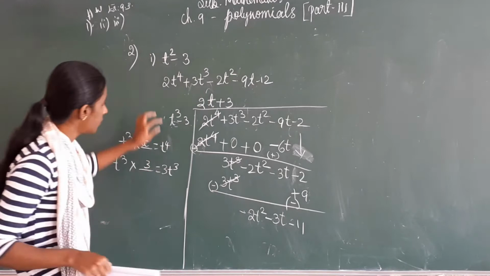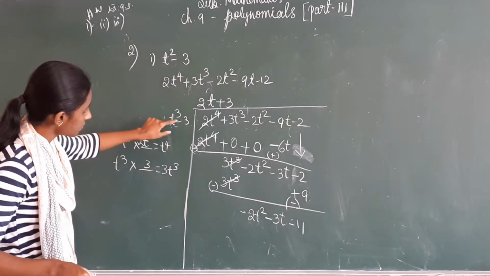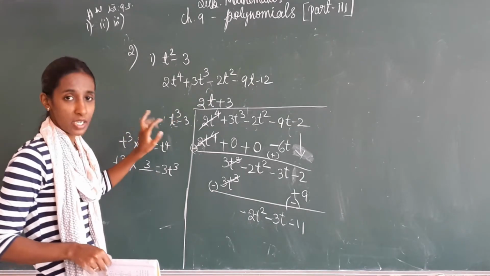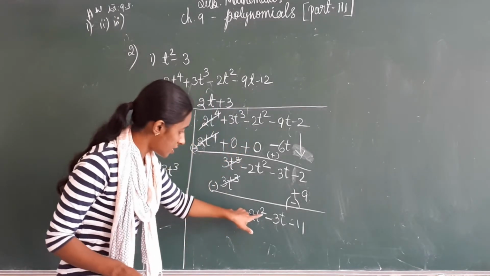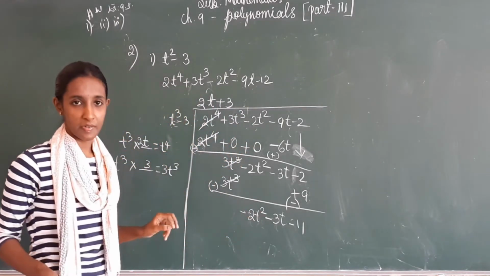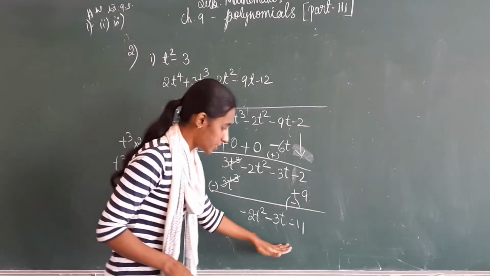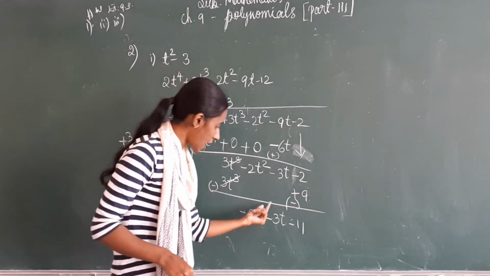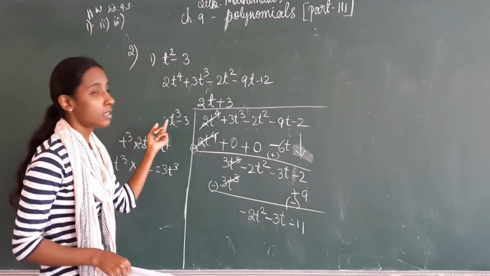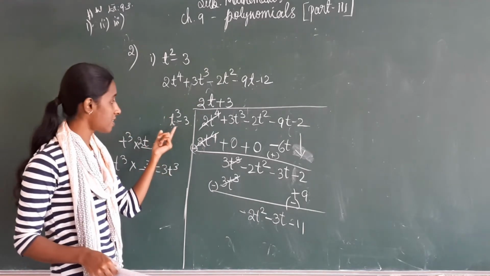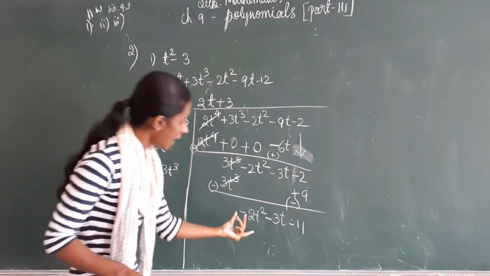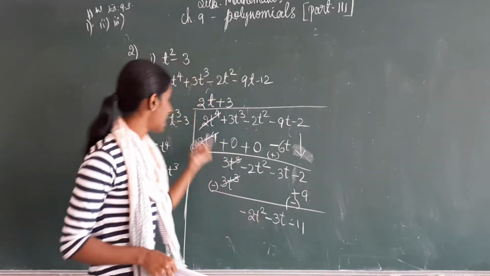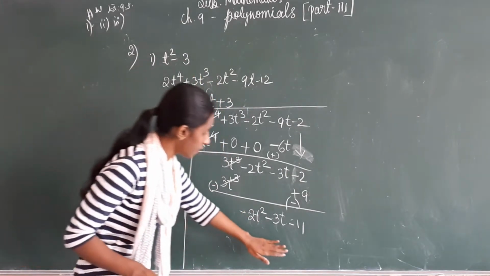And see children, if you observe here, you have t cube, but here you have t square, and this power is less when compared to the divisor power, isn't it? You have to stop the division when the remainder's highest degree is less than the divisor's highest degree. Here the highest power of the divisor is 3, whereas the highest power of the remainder is 2, which is less than this. So you have to stop the division.